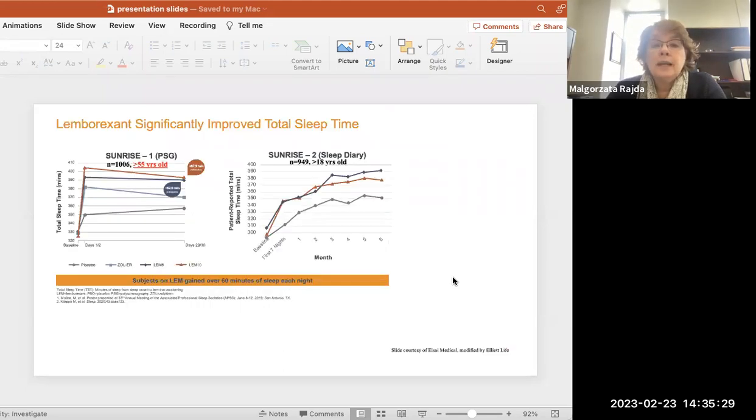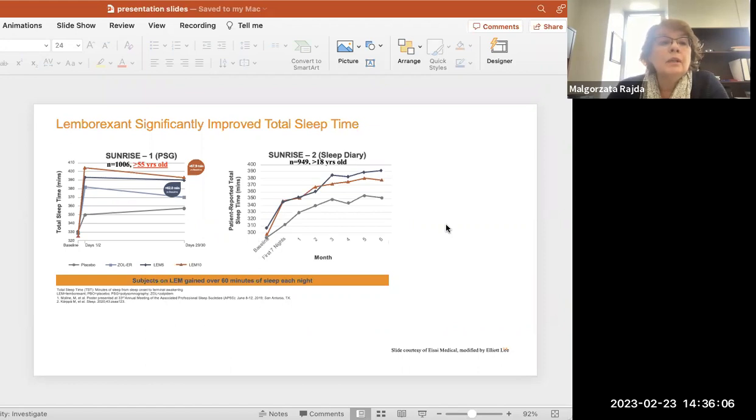I'm going to show you some data from Eisai Medical, which is the manufacturer of lemborexant. So please keep in mind that obviously this is biased data from their pre-marketing clinical trials, but they followed patients over time, and they have shown improvement in both total sleep time and sleep latency, which was maintained over a period of 6 months.